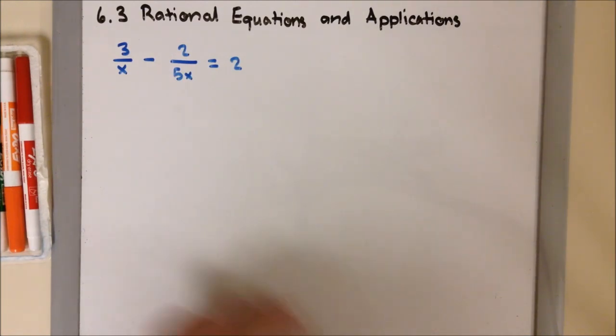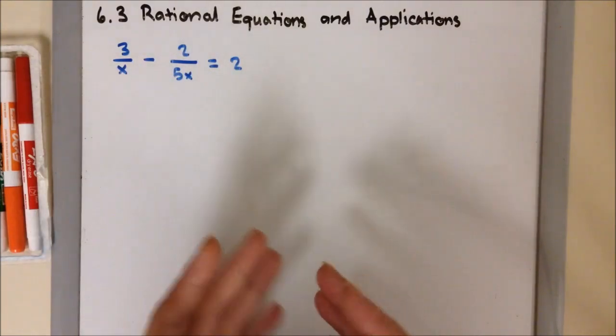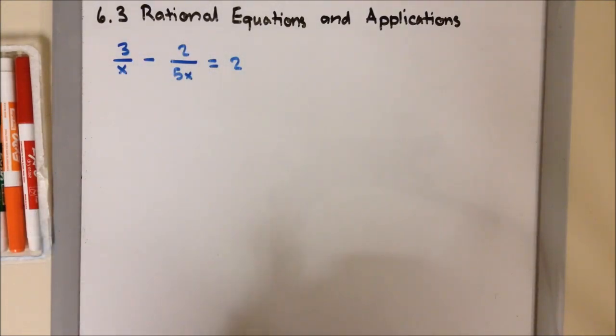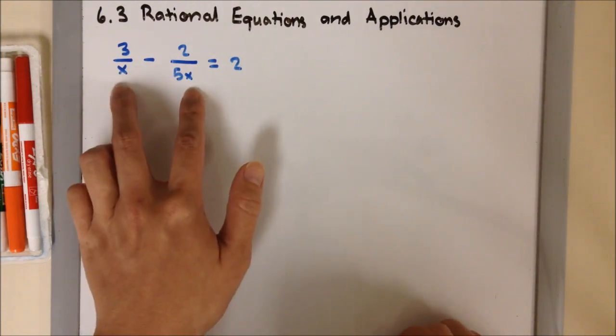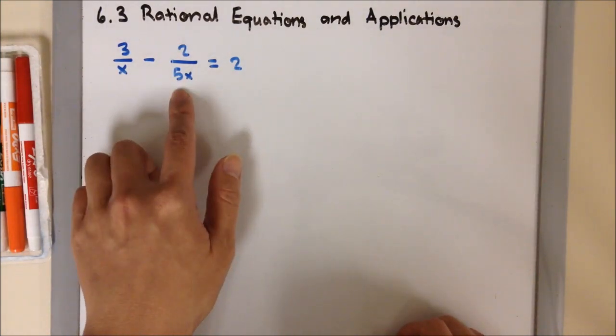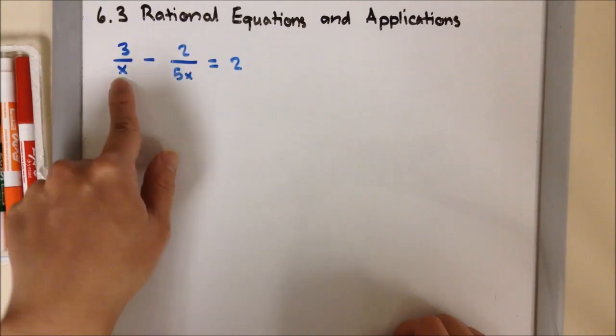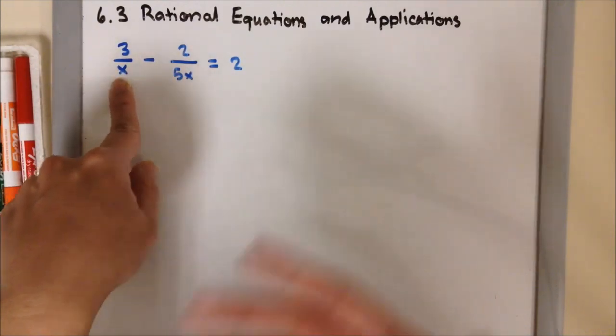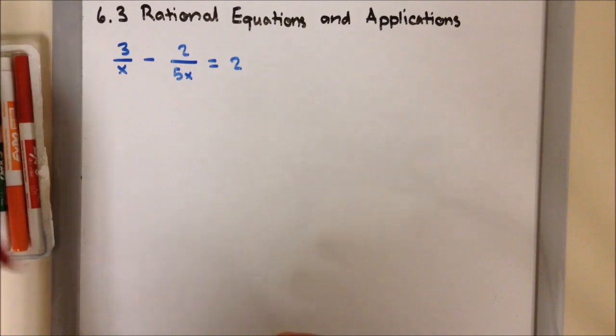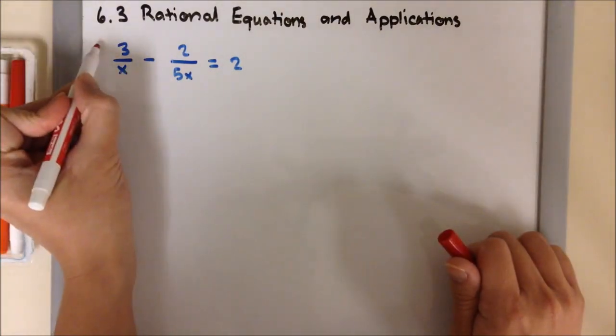Now, the difference between x and 5x: when we're working with fractions and we combine them, adding or subtracting, we need to have the same denominator, or a denominator that looks the same. The difference between x and 5x is that this one has 5x. So in order to change x into 5x, simply multiply by 5 to the numerator and denominator.